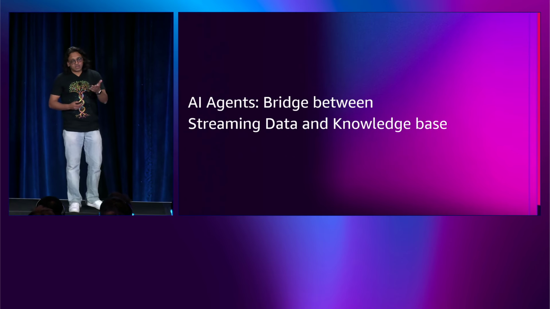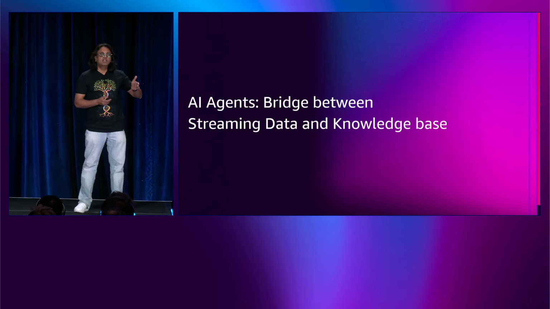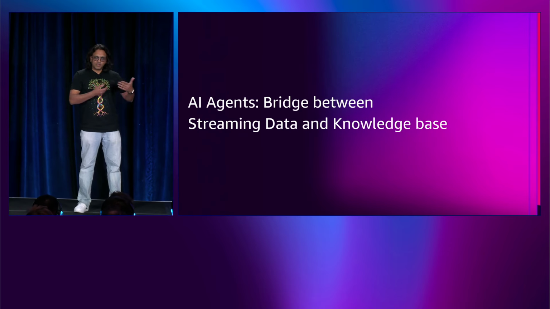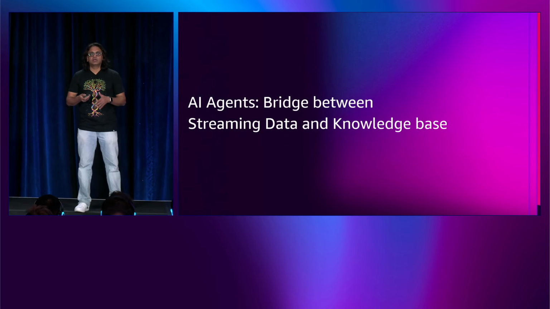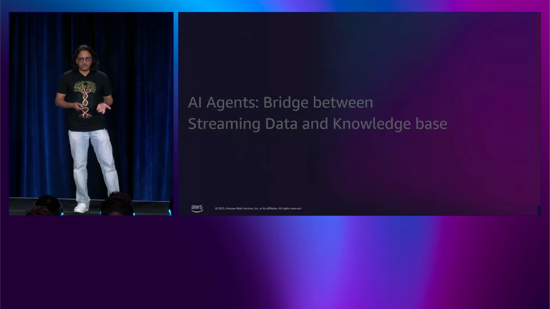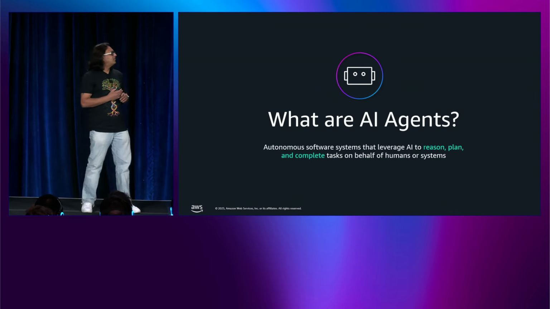In this session we'll be focusing on how we can integrate the agent into a real-time data set and then analyze a particular event, trying to find the corresponding context awareness to understand what action needs to be taken. Before I start, I'm going to quickly give the definition of an agent.